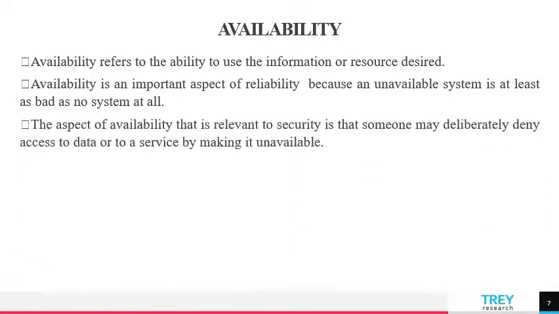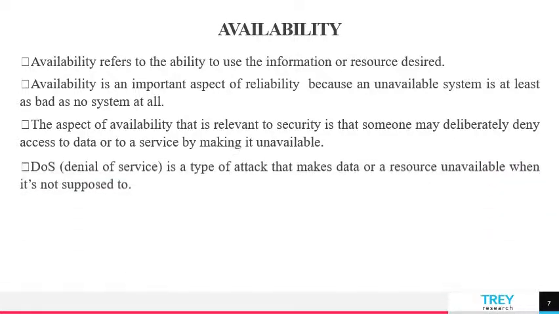Okay, so the aspect of availability that is relevant to security is that someone may deliberately deny access to data or to a device by making it unavailable. So we'll be able to look at how those unauthorized users are able to make a service or any website unavailable to the users when they need to access that site.